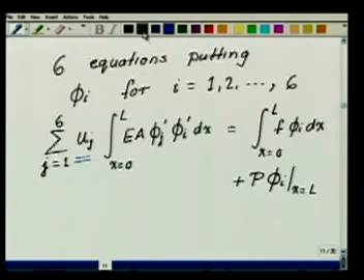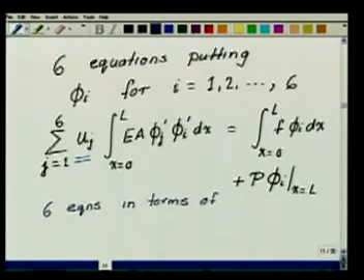So we get 6 equations in terms of 6 unknown uj.